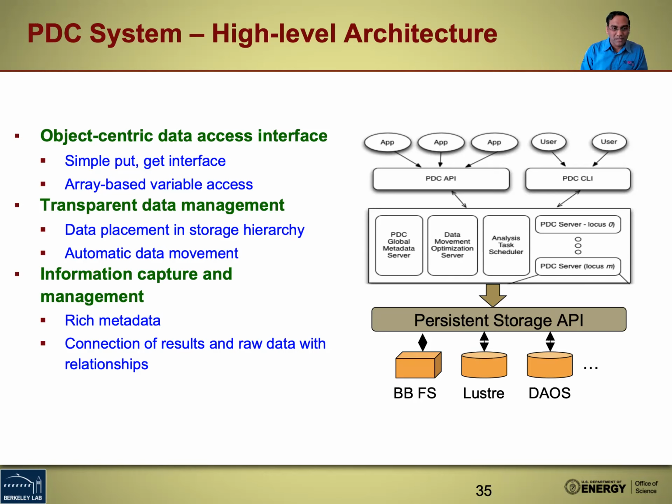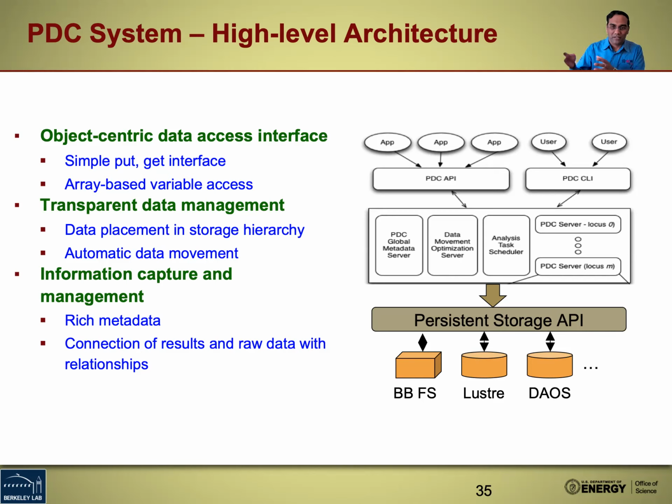And the data placement in the storage hierarchy and data movement in that is more transparent, automatic. So there is no need for the users to know where the data is stored, in the sense that when they want the data, they can access it, not where it is stored. And if they really want to see the data, there is a client level interface.